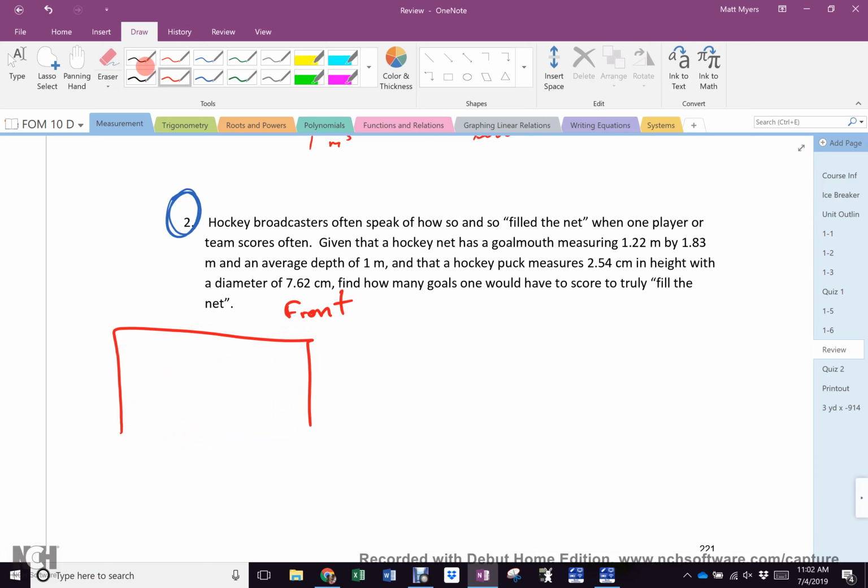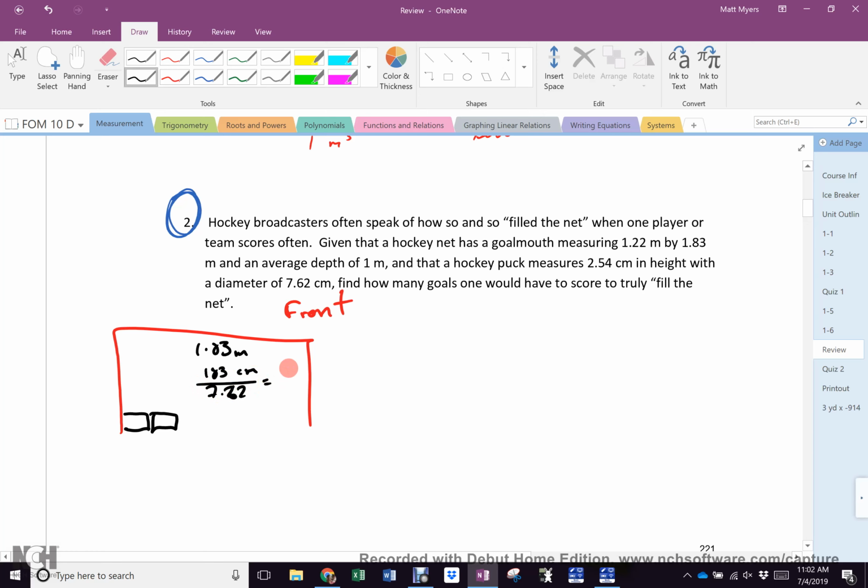I can put pucks across the front, can't I? How wide is this? 1.83 meters, yeah? How wide is a puck? 7.62 centimeters. So this 1.83 meters really needs to be 183 centimeters divided by 7.62.